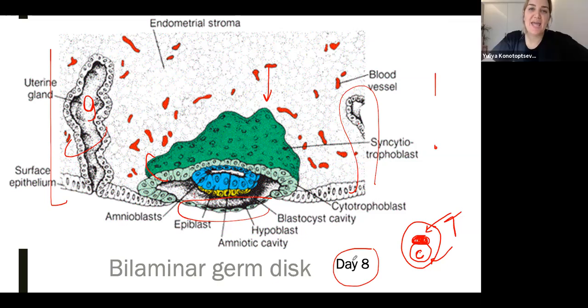You're going to see that on day 8, your outer cell mass differentiates into 2. You see that there is the outer trophoblast, which is known as the syncytial trophoblast. And there's also the inner trophoblast, which is known as the cytotrophoblast.